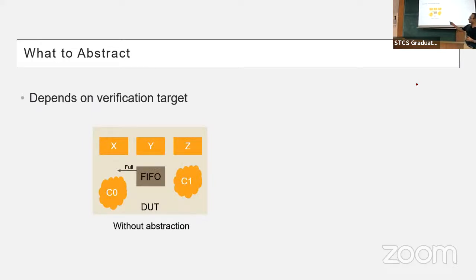Before going there, since we are already talking about counters, let me give one more example. Again, this involves a more practical use of the counter abstraction. Let's say we are verifying some AES design.